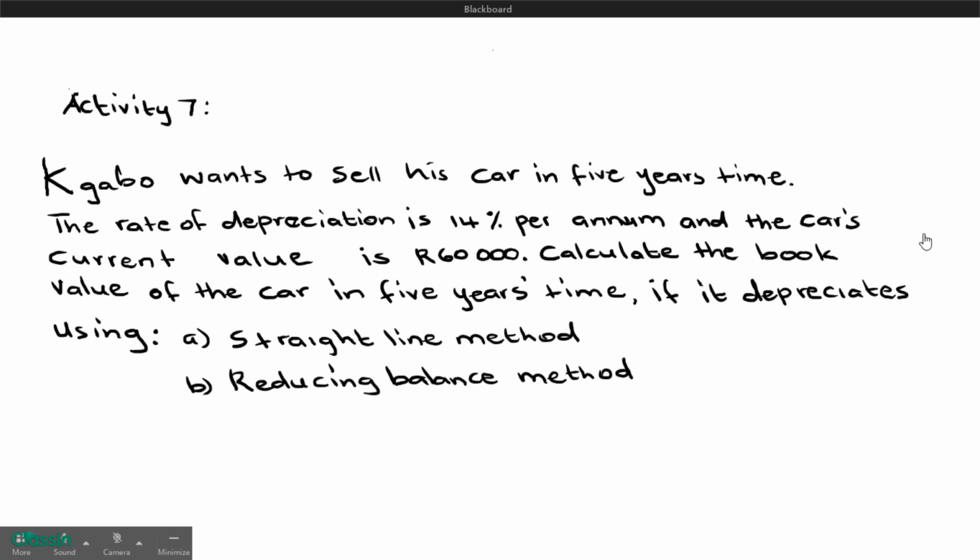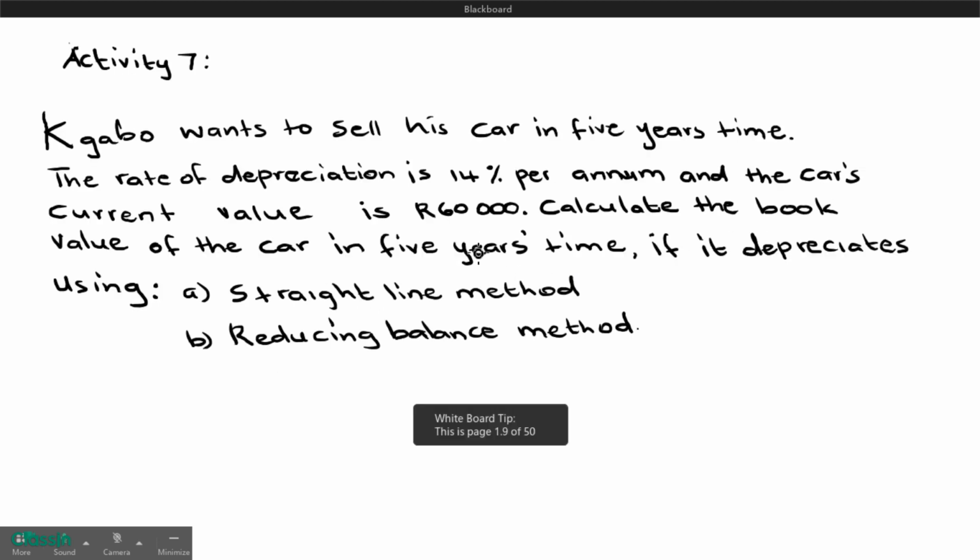And therefore, what is actually happening here? Let's analyze this paragraph. We can see that we need to use a straight line and a reducing balance method. So there are two methods here.